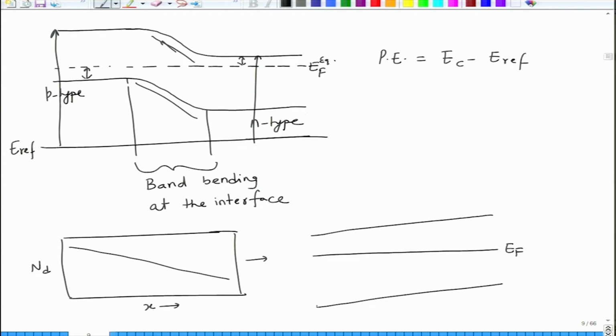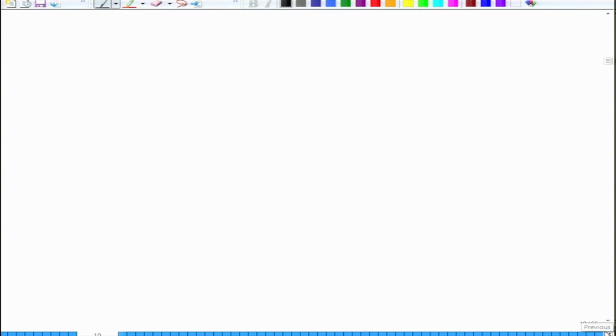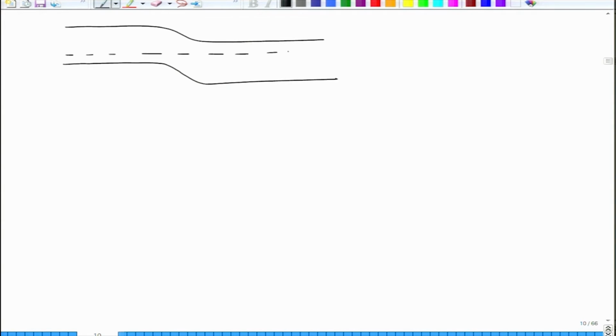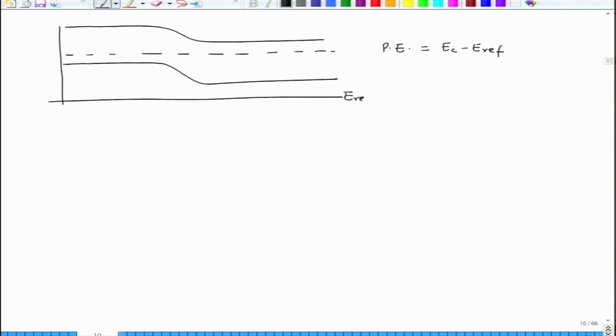Now if potential energy is changing, if I draw a similar picture, and I say PE is equal to EC minus E ref, this is the E ref and this is what PE is measured as.